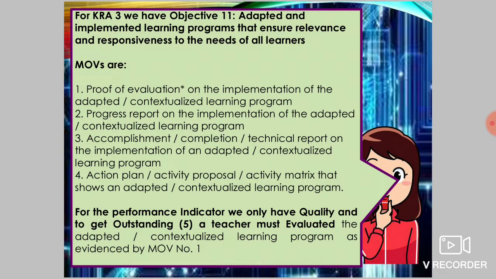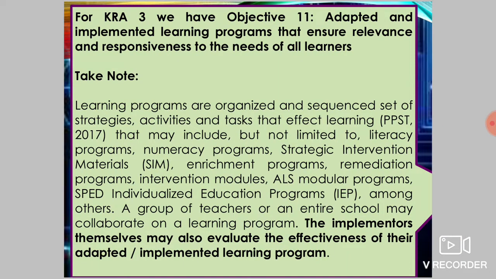So, sinasabi dito na yung MOV1, kailangan siya. Tapos, maghanap ka ng 2, 3, 4. Sa 2, 3, 4, maghanap ka ng isa that supports MOV1. So, dalawang MOVs ang kailangan dito. Take note that the learning programs are organized and sequenced. Ayun nga, sabi ko nga kanina, it's either the numeracy program, strategic intervention, remediation program, or anything na ginagawa sa school.